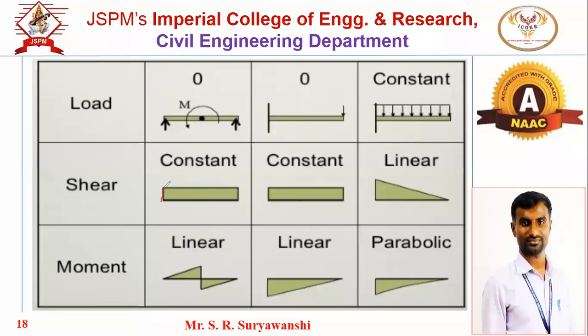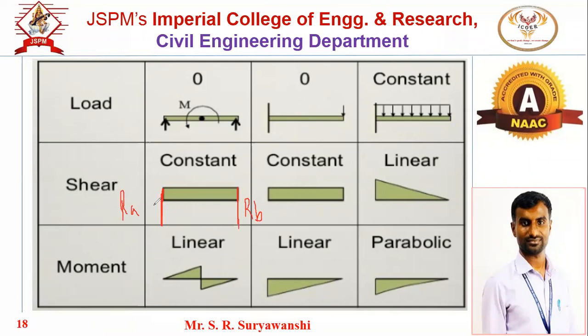Now tell me, at the ends these are the reactions. What is the direction of the reaction? Are both the reactions upward? Suppose this is RA and this is RB. What is my question?